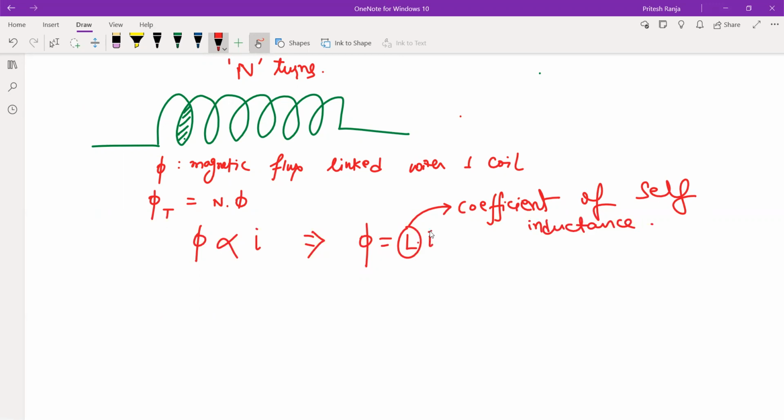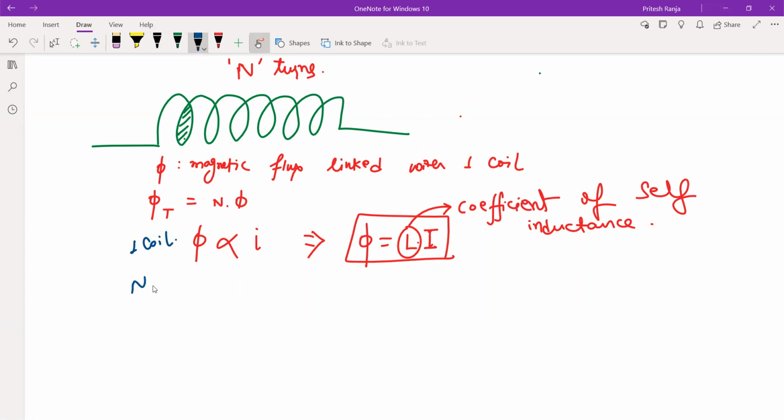So we have the equation phi is equal to Li. So actually we have taken phi, but what was the total flux? This is just for one coil, right? This is for one coil.